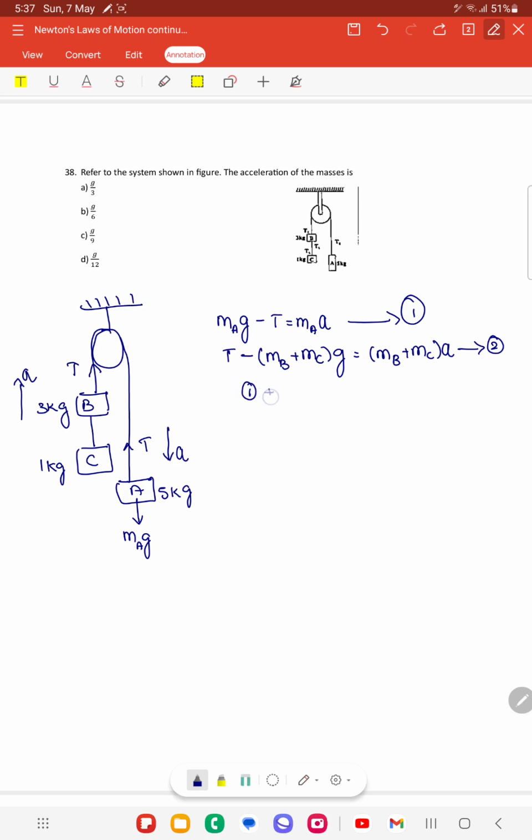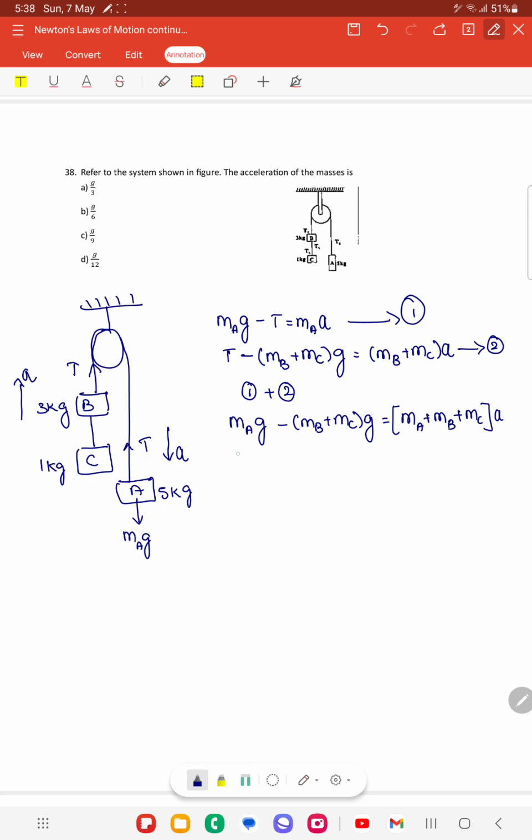Adding equation 1 and equation 2, we have MA into G minus MB plus MC into G is equals to, A is common, so MA plus MB plus MC into A. Here T and minus T get cancelled.